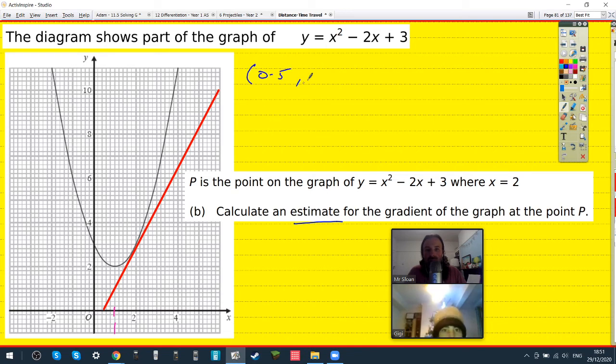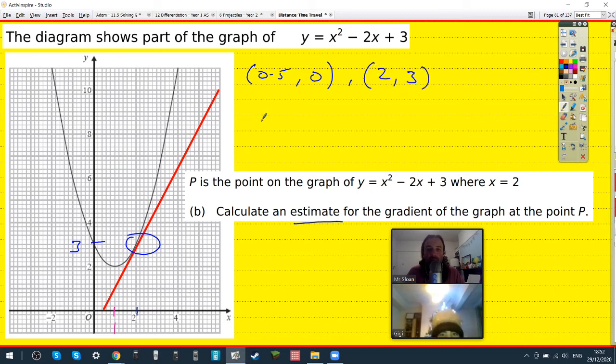6. Change in y over change in x. How much did y change by? How much did x change by? Y changed by 3. Yeah. X changed by 1.5.